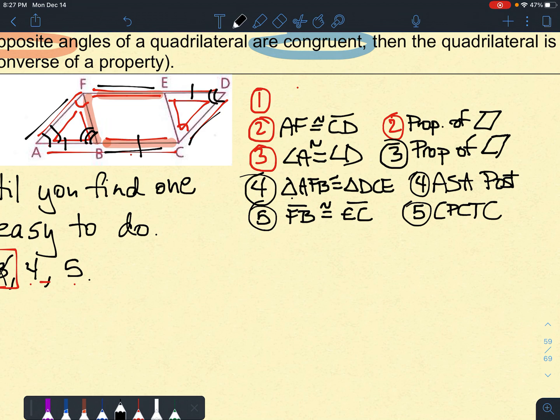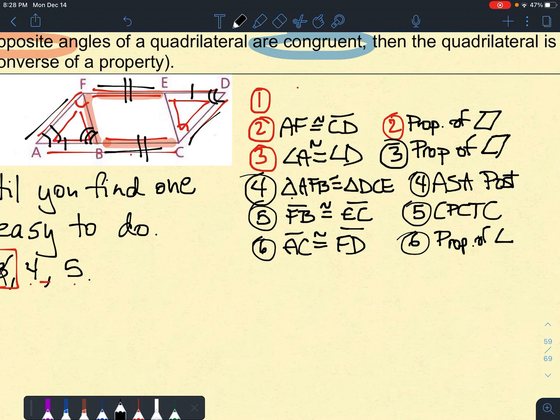I want to show that this is congruent to that. All right, again, we know that AC is congruent to FD. And that's another property of parallelograms. Line 7. If those two are congruent, then we know that by subtraction, FE.